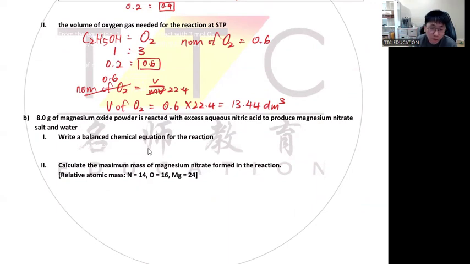Look for the symbol for magnesium oxide, nitric acid, producing magnesium nitrate and water. So you must recognize the names of the chemicals and then put their symbols in. So from here, we have magnesium oxide. What is the symbol for magnesium oxide, guys? Want to give a guess?